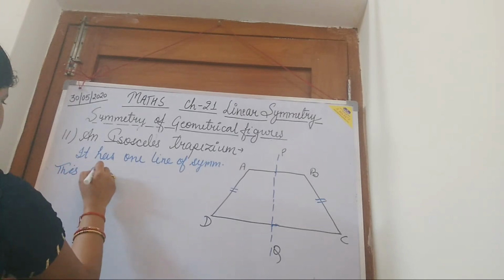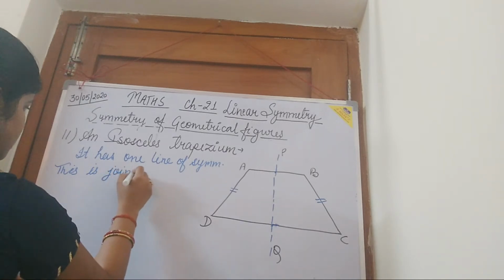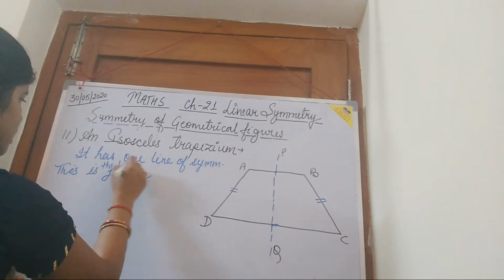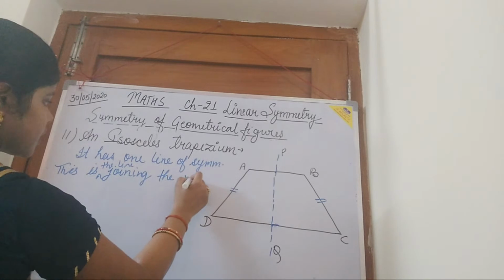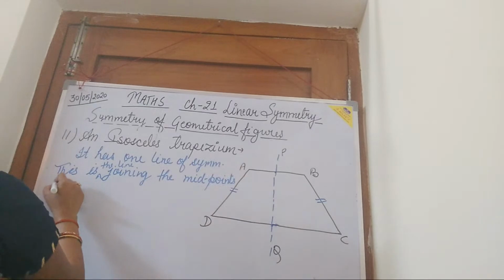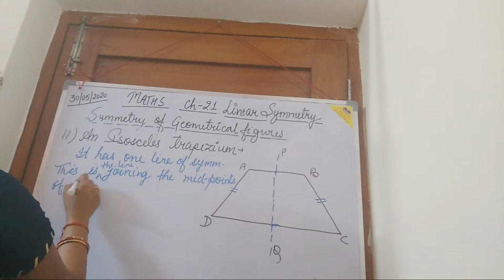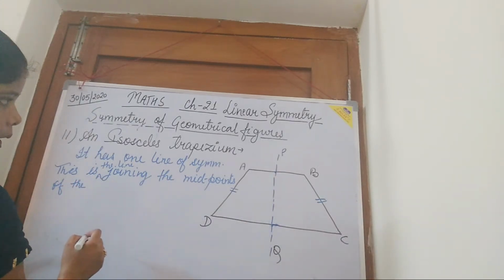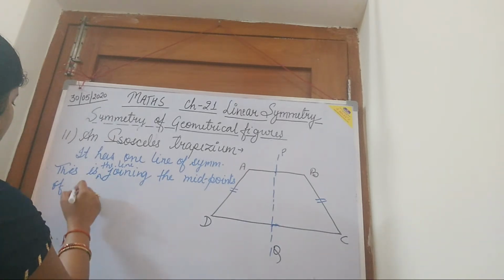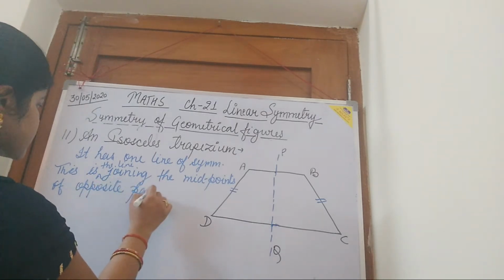This is the line joining the midpoints of the opposite parallel sides.